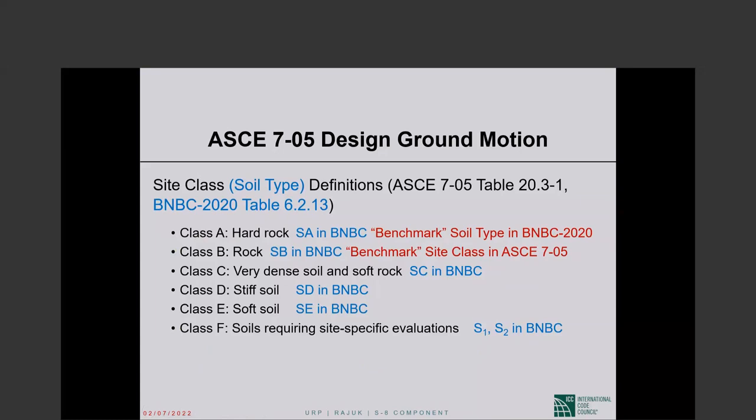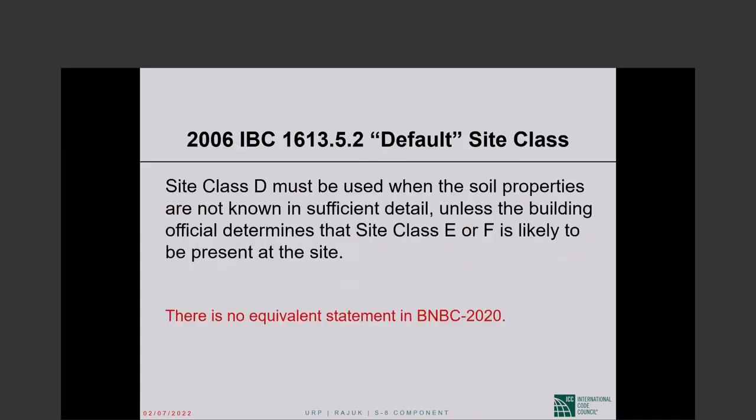Okay, so that gives you direct correspondence. Now, I mentioned that in AC705, the benchmark site class is B. Everything is mapped for site class B. In Bangladesh, BNBC, the benchmark soil type is A, rock. The seismic zone map is for soil type A or rock. It is specifically said. So the benchmarks are kind of different.